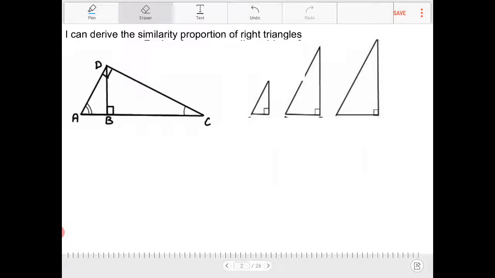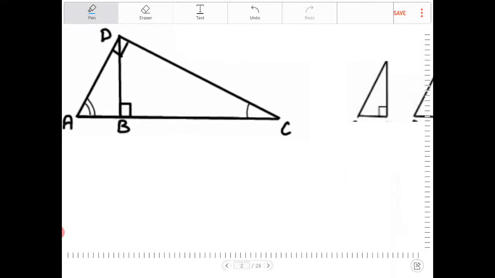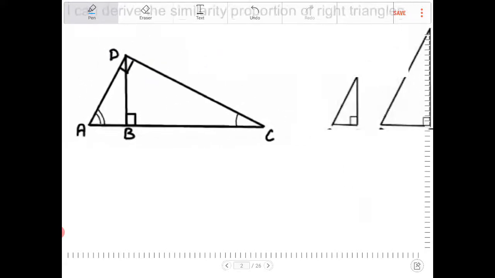Hopefully you guys had some time to think about this, and to analyze this a little bit. What can be said is that all three triangles are going to be the same.